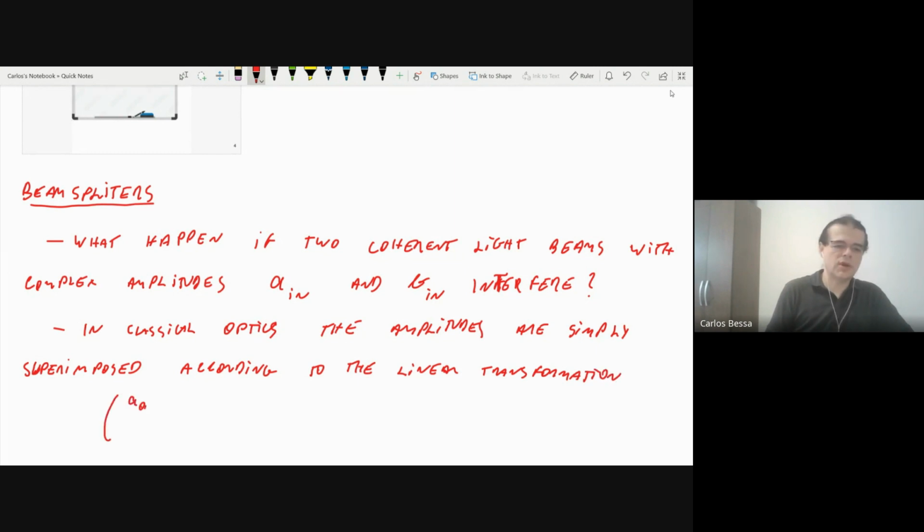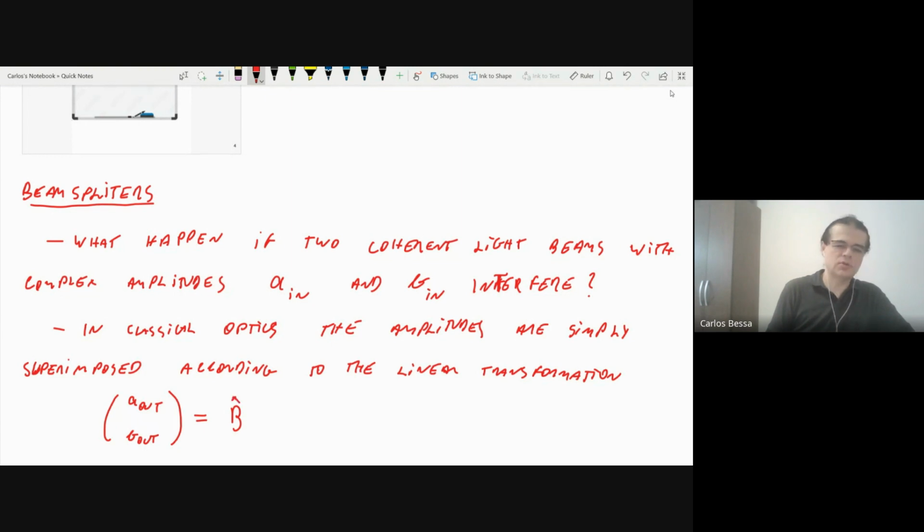Let's just remind here that A out would be the amplitude associated with the outgoing beam, and B out for the other outgoing beam. B would be my operator.